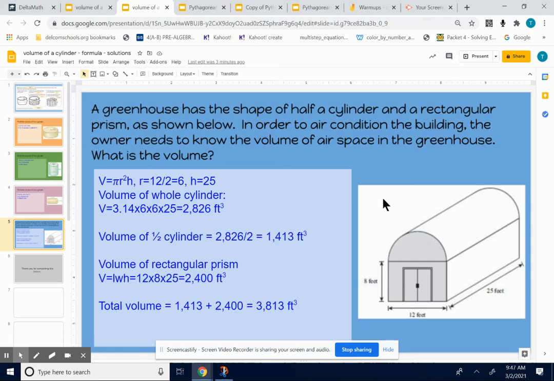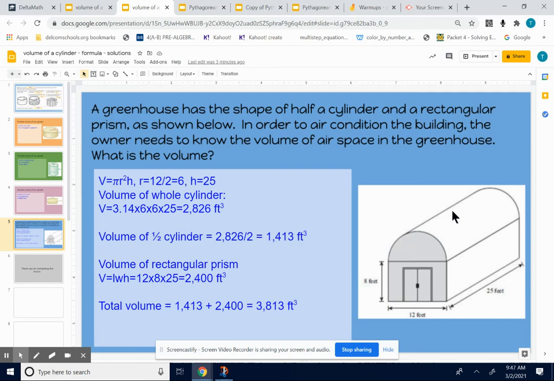Just combine them together. Remember when we found the area of half of a circle? Okay, we did pi r squared for the whole circle, and then we took that answer and cut it in half. So that's kind of what we need to do, same idea, with this volume of a cylinder.